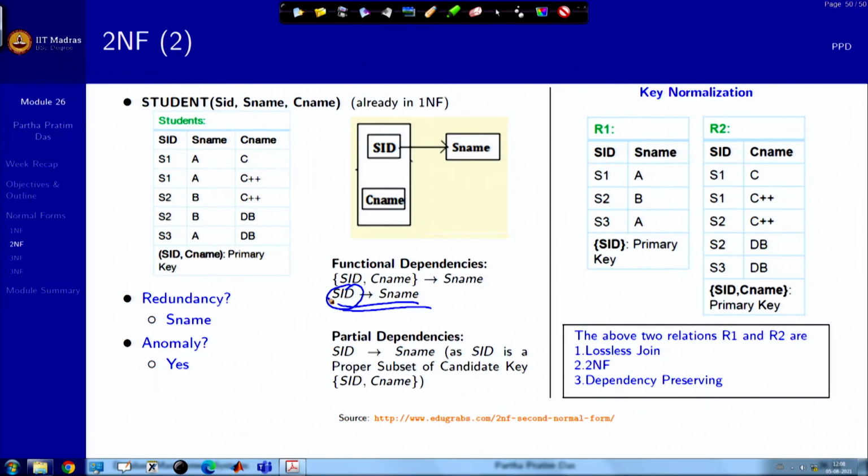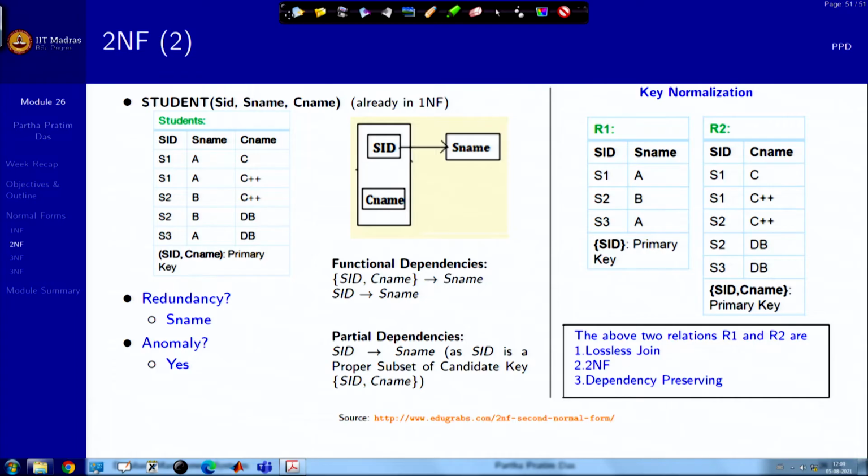So, what is happening is SID has multiple instances in a particular instance of the database, because it comes with different C name, giving it the uniqueness, and for each of the identical instances of SID, the S name will get repeated. If S name were a part of the key, it would not have happened, because it would not have been possible to have multiple identical values on it, right. So, that is the partiality all about.